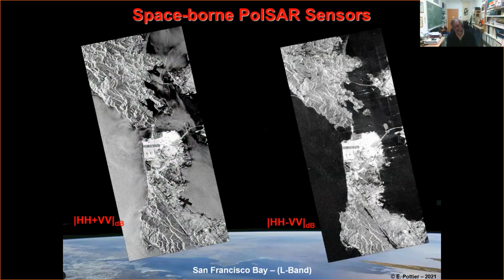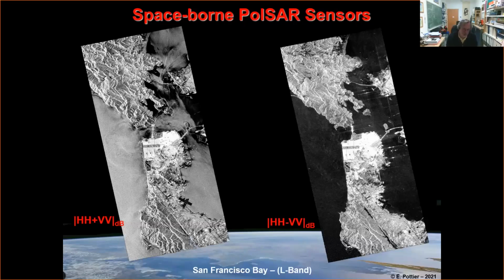And some years later, with my colleague Shane Cloude, we were working on different kinds of combinations between the different channels. And we have seen, it's not difficult to demonstrate, that if I take HH plus VV, I'm very sensitive to the single bounce scattering mechanism. Okay, single bounce means only one interaction between the wave and the environment.